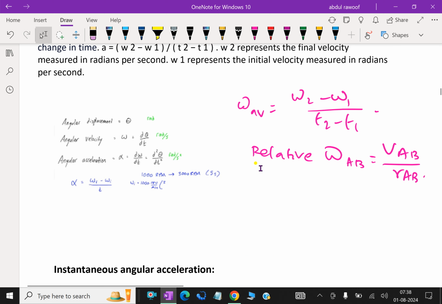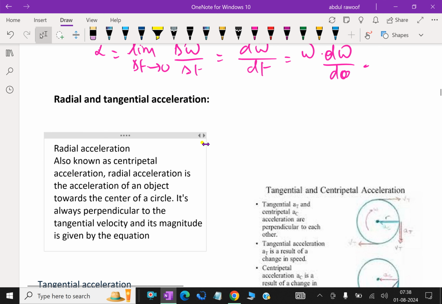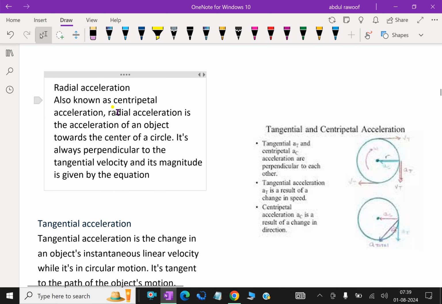Next one, radial and tangential acceleration. What is radial and tangential acceleration? Radial acceleration is also known as the centripetal acceleration.